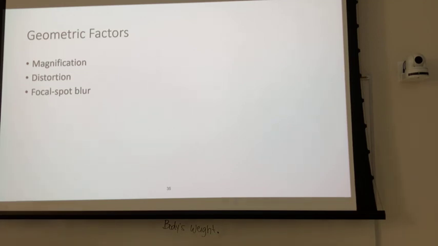No? Okay, so geometric factors are all about lines and planes, distances, angles, and that sort of thing. So what we're going to talk about is magnification and everything that it brings with it. Distortion, the different types of distortion, and then focal spot blur.